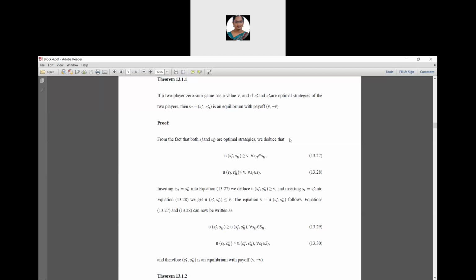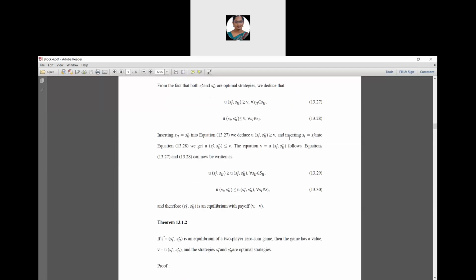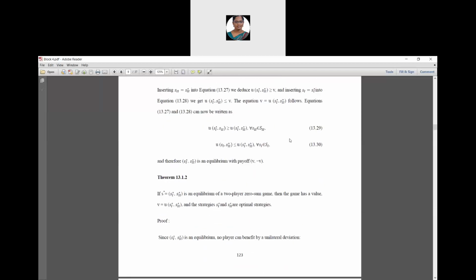So the above equations, that is 13.27 and 13.28, can be rewritten as U of S1 star comma S2 greater than or equal to U of S1 star comma S2 star for all S2 belongs to S2.